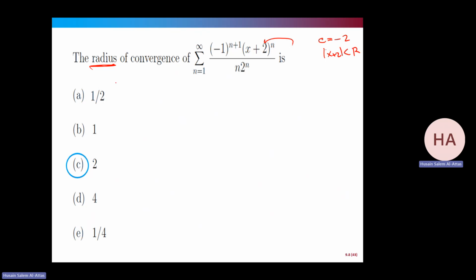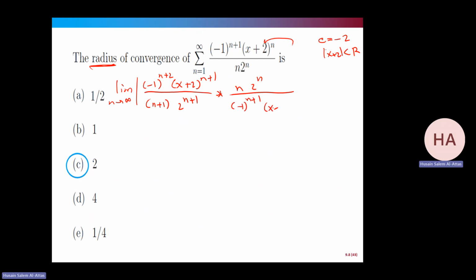Okay, so that will be the limit as n goes to infinity of (-1)^(n+2) times (x+2)^(n+1) over (n+1) 2^(n+1), times the reciprocal of this, (-1)^(n+1) times (x+2)^n. Limit as n goes to infinity. The minus with the absolute value will be killed, so I have x plus 2, and then I have over 2.